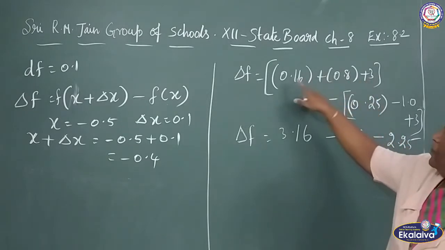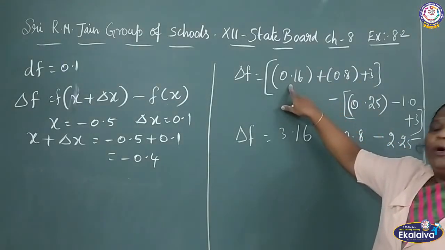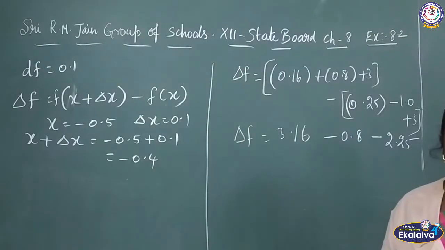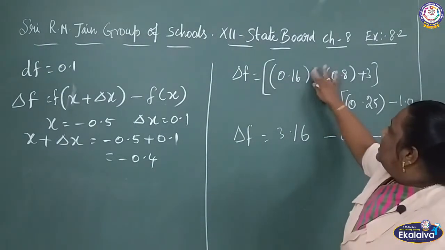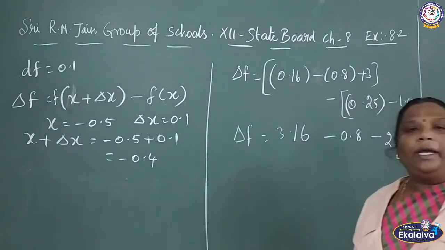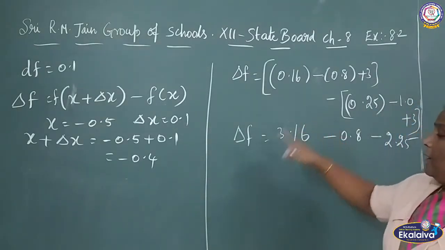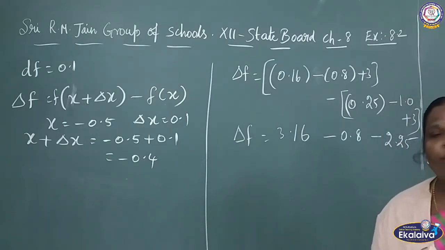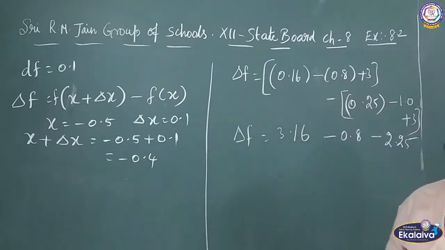See, 3 plus 0.16 is 3.16, minus 0.8. Minus 0.4, the last step, minus 0.4 into 2 it gives minus 0.8.